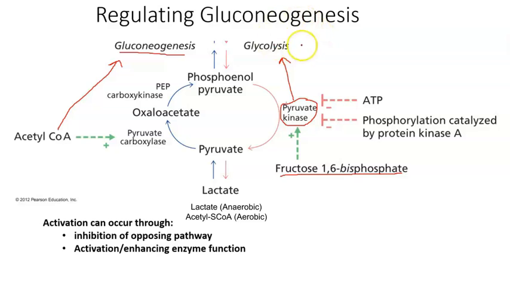So again, if we have reactants in that glycolysis pathway, we're going to activate one pathway, versus if we have products of the glycolysis pathway, we actually might want to activate the reverse reaction. Now, if we look at these inhibitors, ATP and phosphorylation, let's start at ATP.